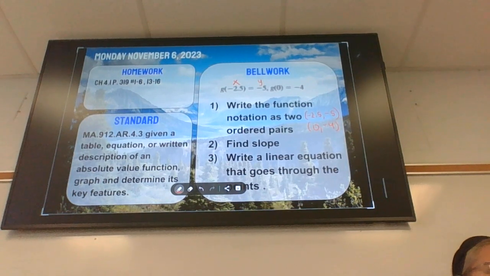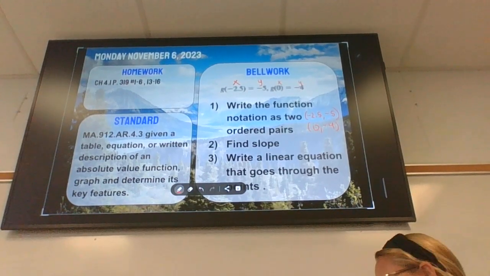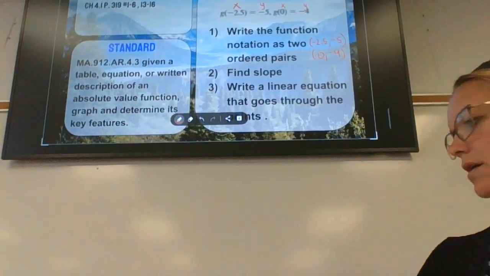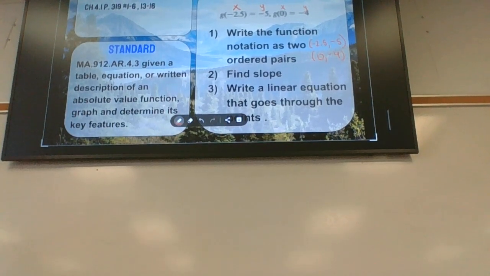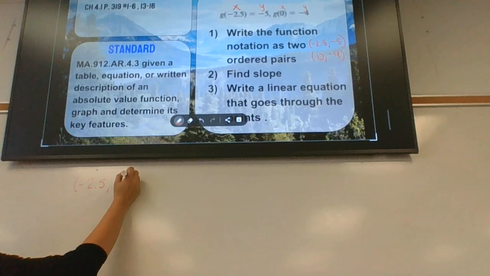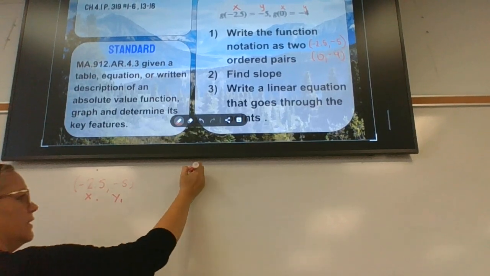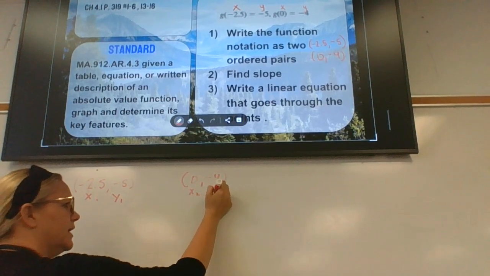You guys have found slope before this, but they're upgrading your comprehension to function notation. Same math, presented differently. So I'm going to call negative 2.5, negative 5 x1, y1, and the other one, 0, negative 4, x2, y2.